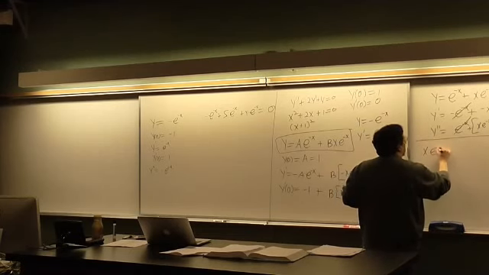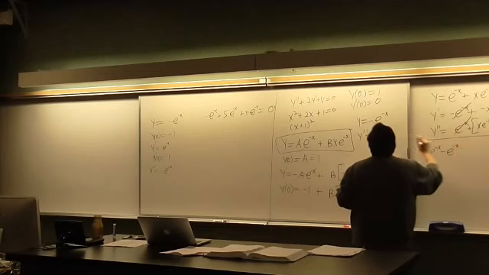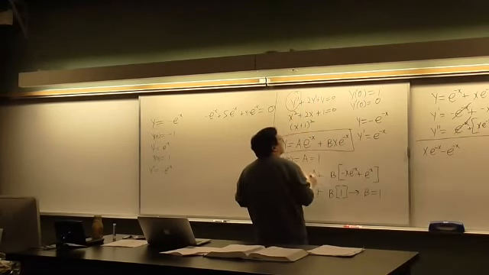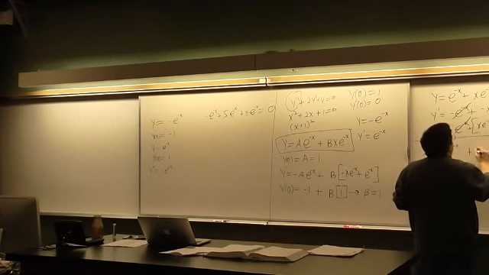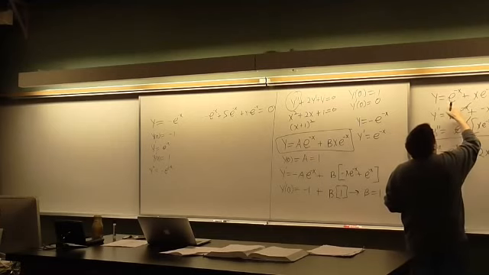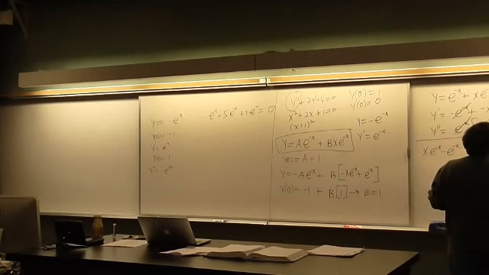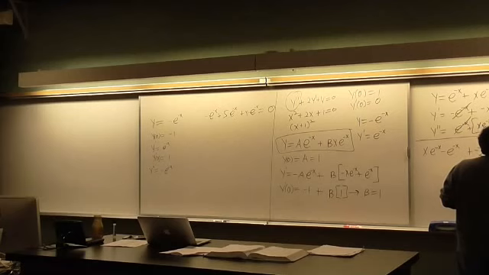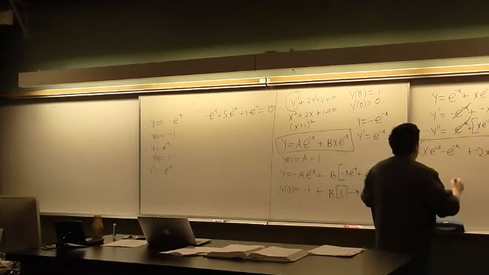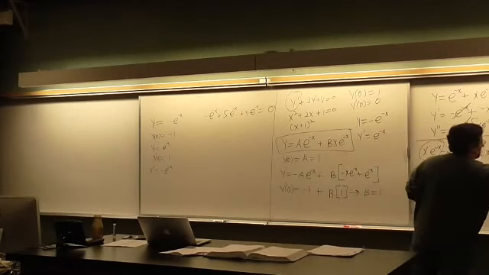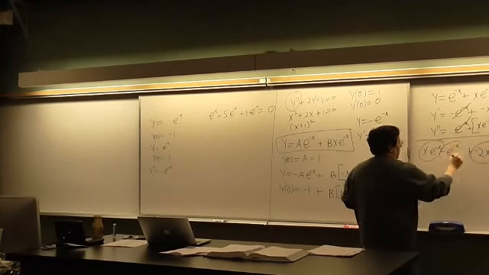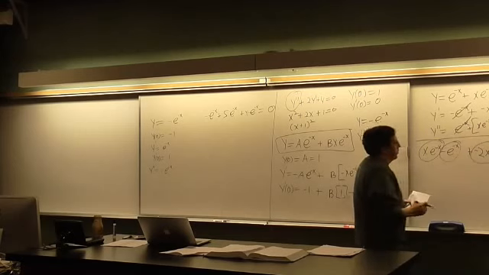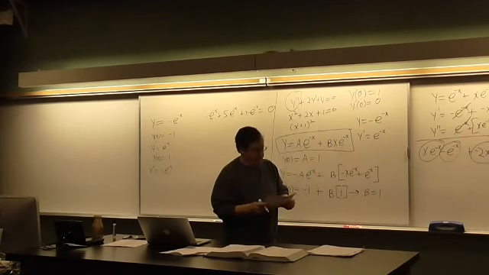So x e to the minus x minus e to the minus x, that's this, plus 2 times this, minus x e to the minus x, plus y, e to the minus x plus x e to the minus x. Okay, so 1, 2, minus 2, those go away, and these are opposites, so they go away, so it's equal to 0. So that's absolutely correct.